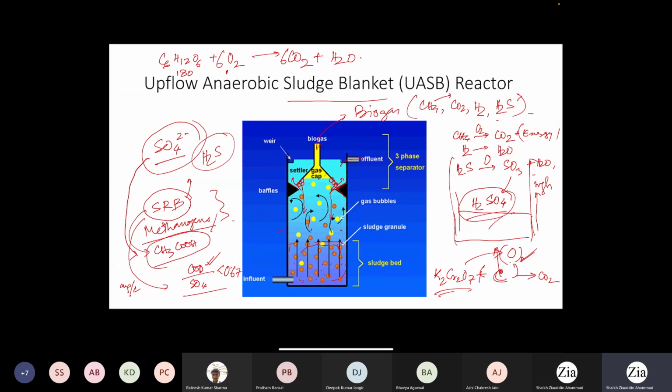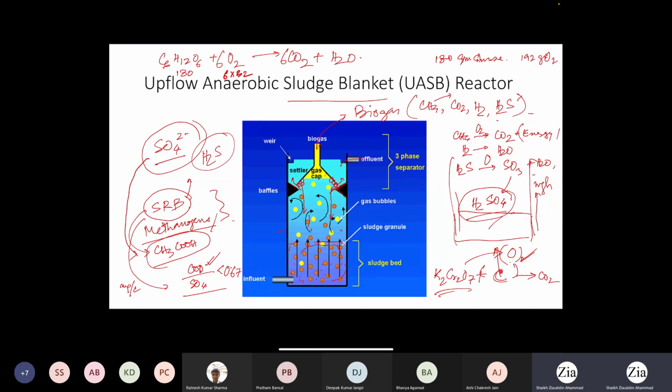So that is the amount of oxygen required. It is 192. So when you try to calculate COD, 180 gram glucose would need 192 gram O2.